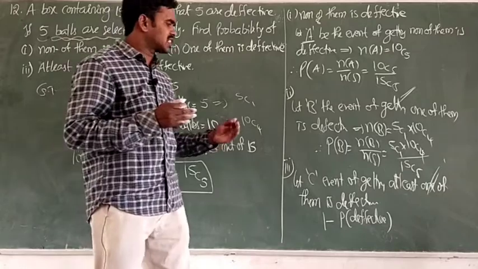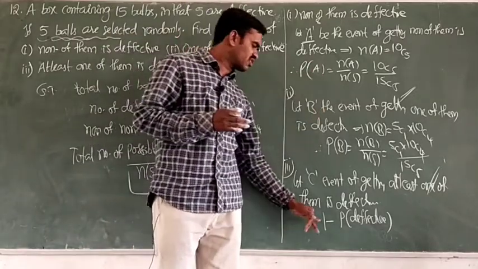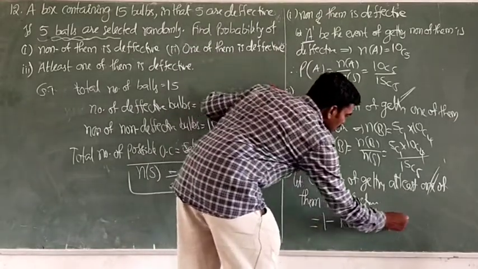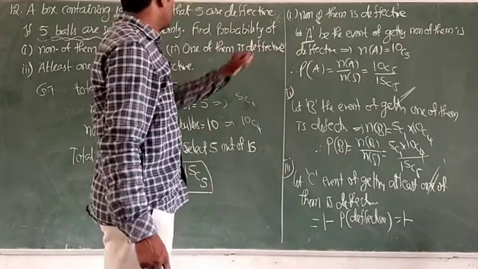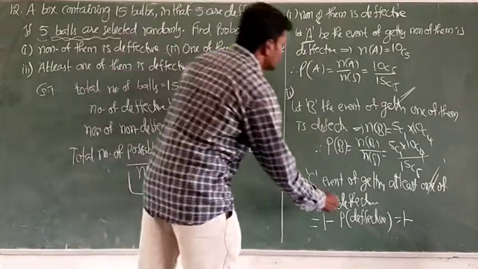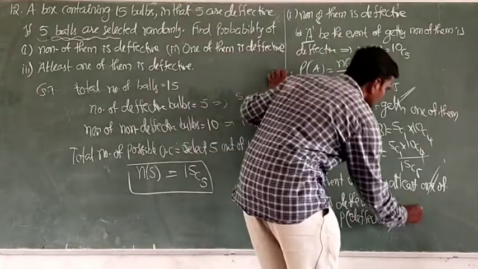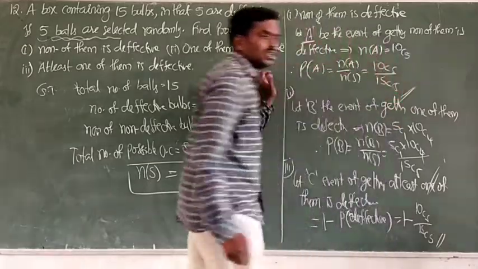The sum of an event and its complementary event probability is 1. So that's why we can write 1 minus probability of none of them is defective. Probability of none of them being defective is 10C5 by 15C5. So this is the answer.